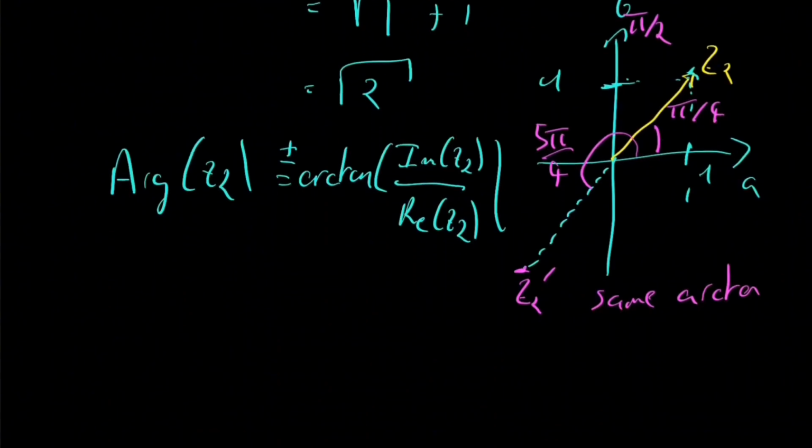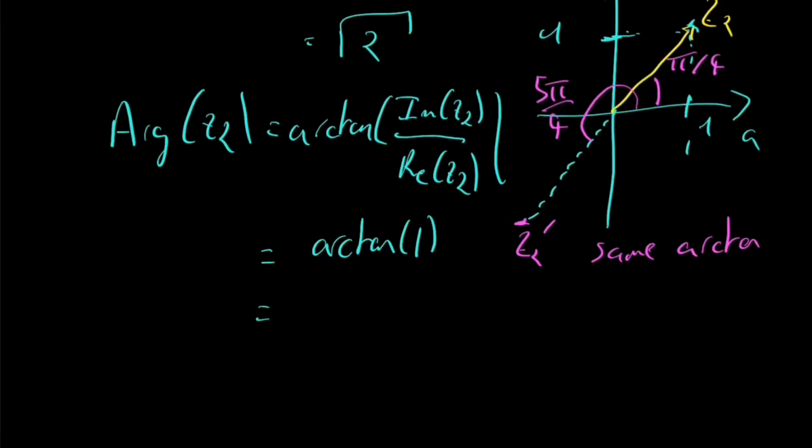Okay, so here it's equal to arctan of 1, which is equal to either pi over 4 or 5 pi over 4.